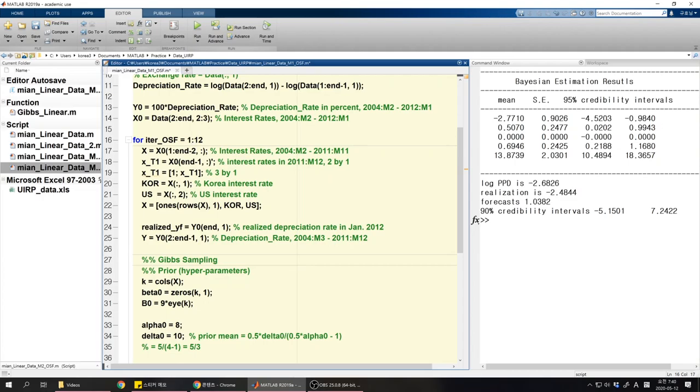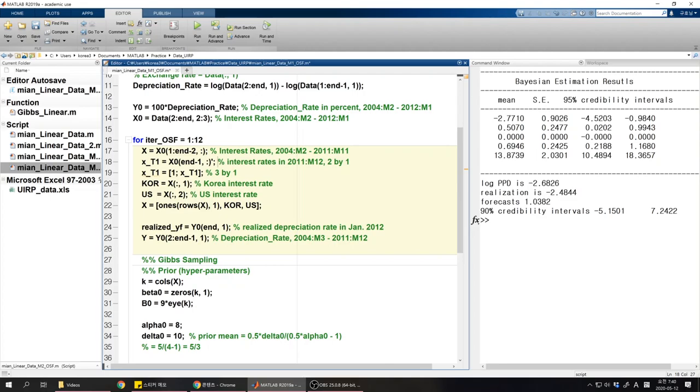When itr_OSF equals 1, I want to forecast the most recent month, January 2012. And when itr_OSF equals 2, I want to forecast the second most recent realization, which is December 2011.